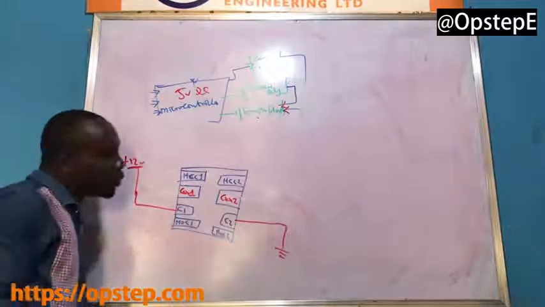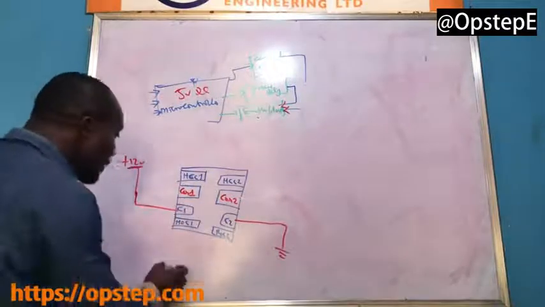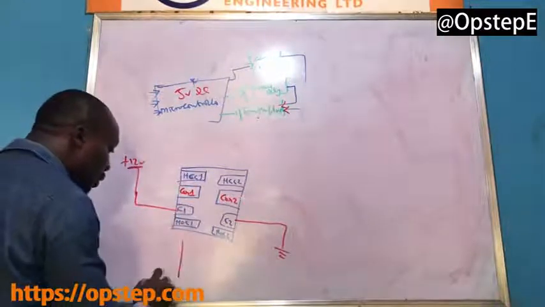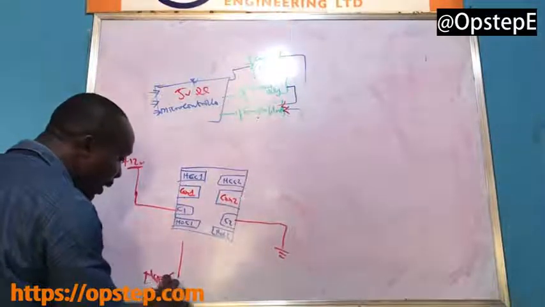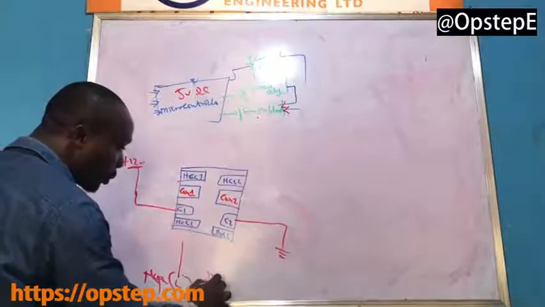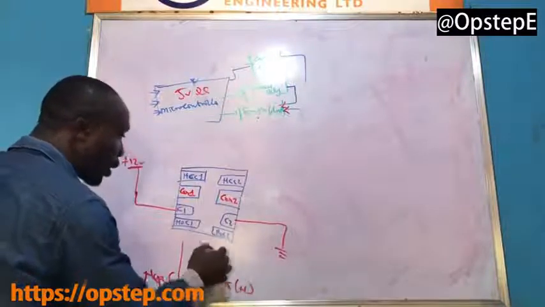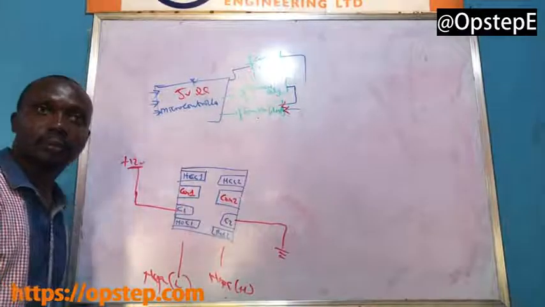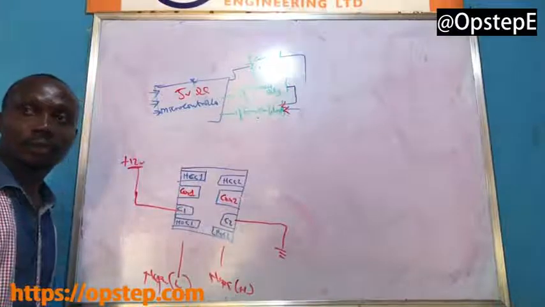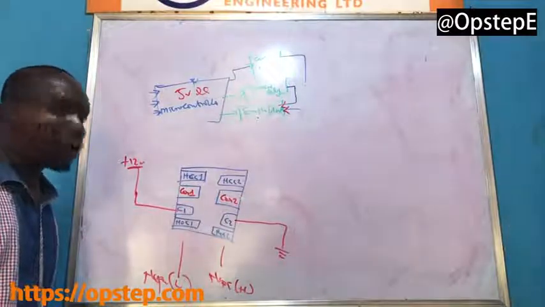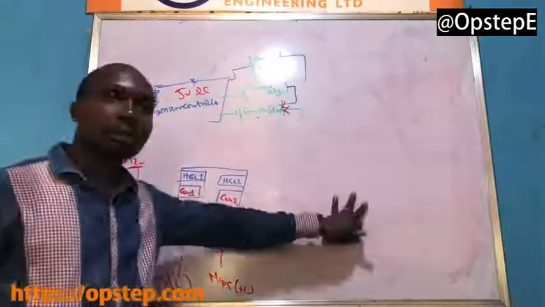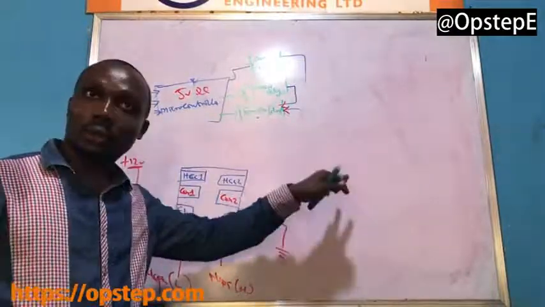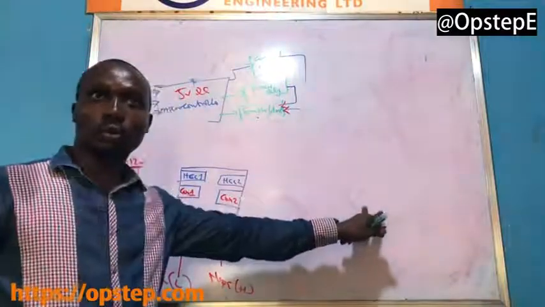So what we have done, or what we did, is this. We sent in your NEPA live on one, your NEPA neutral on the other hand. So one like this is for NEPA. We now have another one that's for generator, live and neutral also.